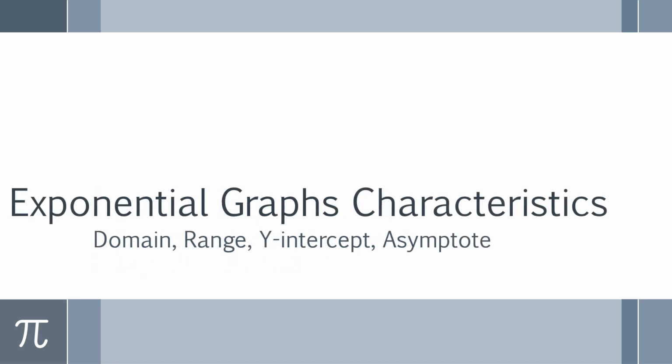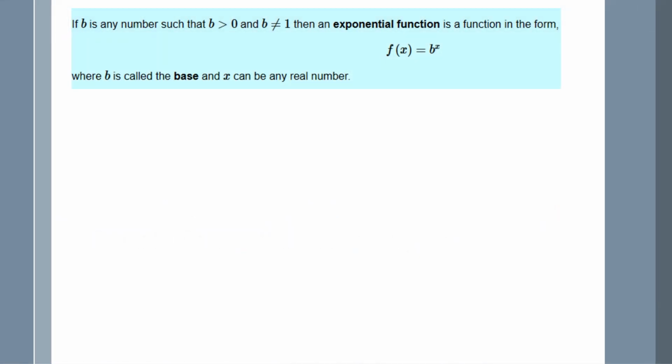All right, now let's talk about exponential graphs, dealing with the characteristics of domain, range, y-intercept, and asymptote. So guys, an exponential function is a function where, if b is any number such that b is greater than 0 and b is not equal to 1, then the exponential function is in the form f of x equals b to the x.